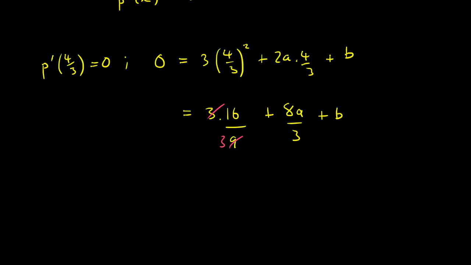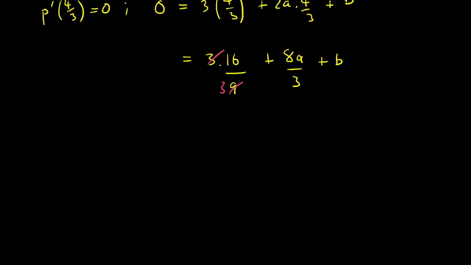The best thing is to get rid of the fraction, so we multiply the entire equation through by 3. That gives 16 plus 8a plus 3b. Or another way of writing that, probably better, is 8a plus 3b is equal to negative 16.